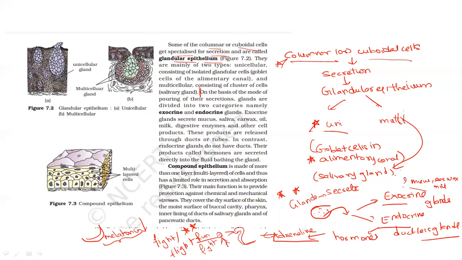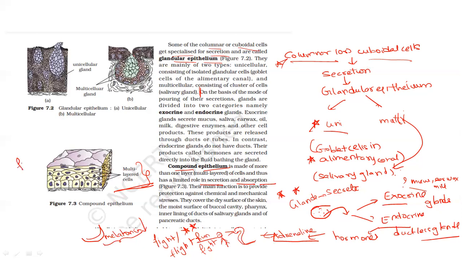All right, now coming to compound epithelium. We have studied simple epithelium, where squamous epithelium, cuboidal epithelium, and columnar epithelium are the types of simple epithelium. Now, compound epithelium is made up of more than one layer. It is multi-layered, and it has a very limited role in secretion and absorption.